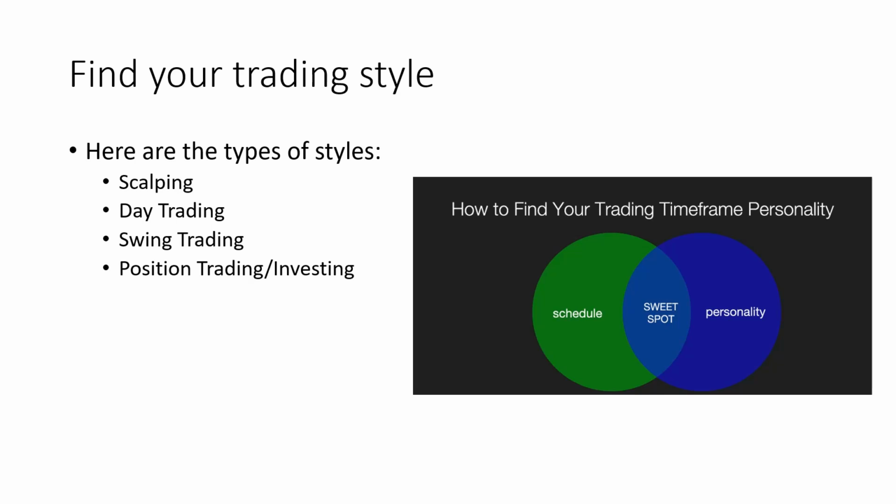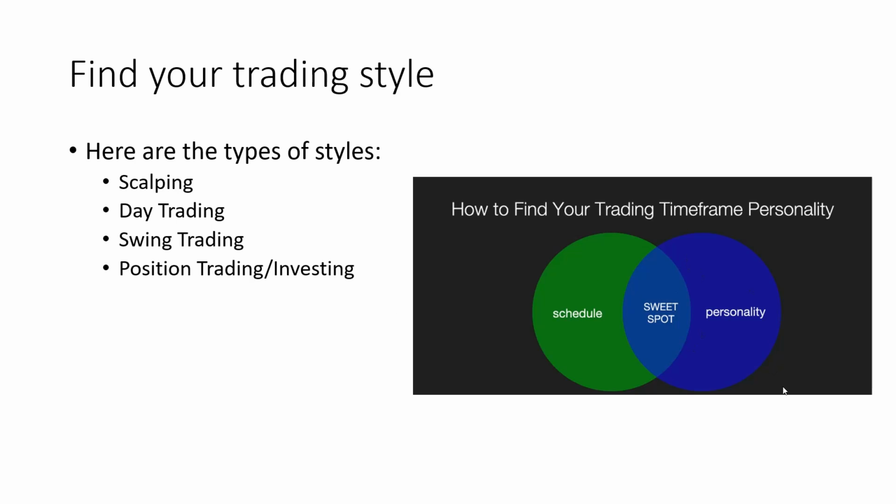I do position trading as well. I'll invest in a company and I won't touch it for months, years, just because I believe in that company and that it's going to do good. Or I might be looking at dividend companies that are going to be paying me. So those are the different types of trading styles. You're either going to be a scalper, day trader, swing trader, or a position trader slash investor.